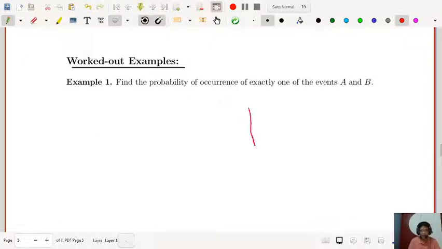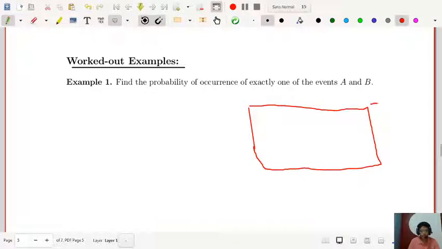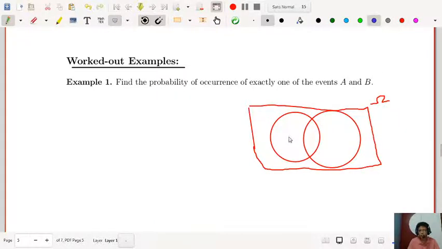So let us draw a Venn diagram first. This is your omega and this is your A set, and let me draw a little bit larger, A, and this is your B. So this is your A and this is your B, and this is your A intersection B complement, and this region is A intersection B, right?